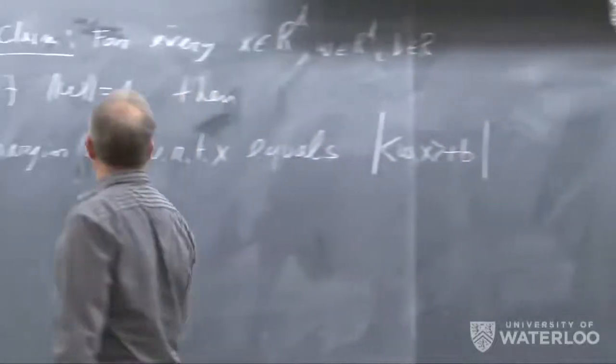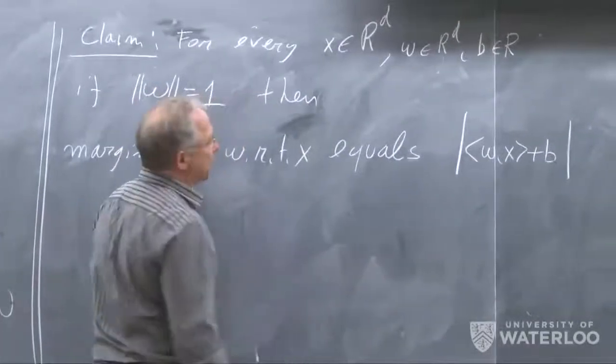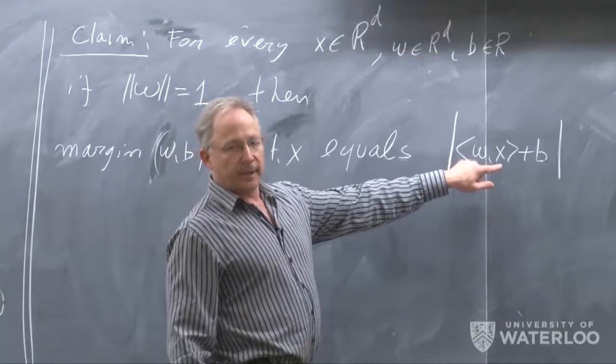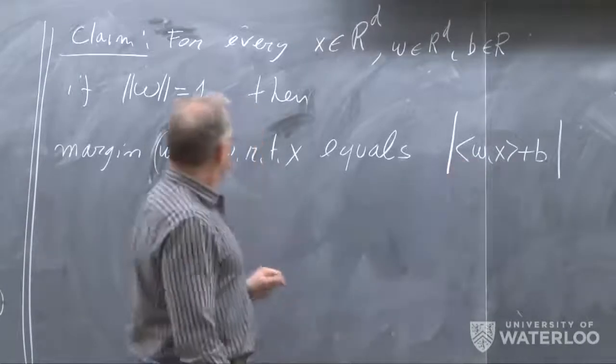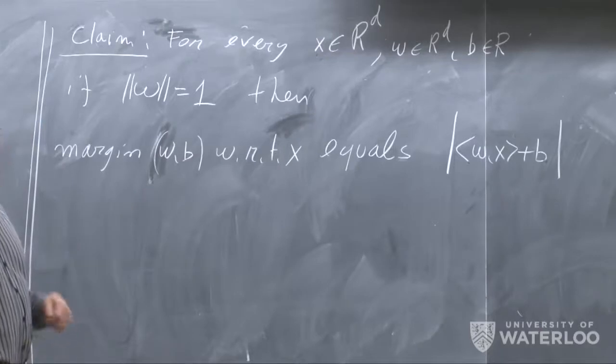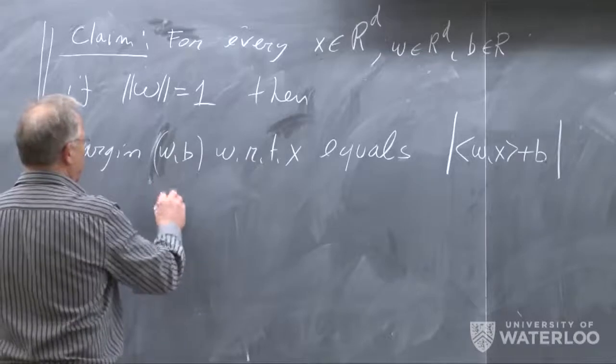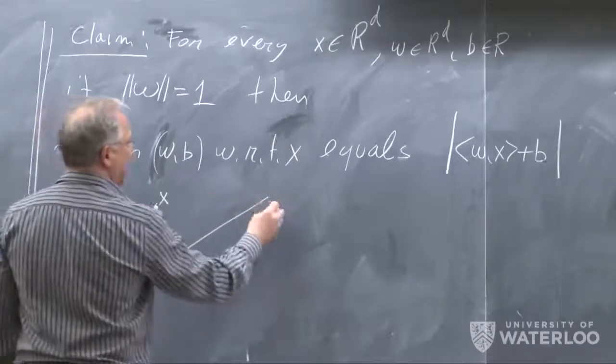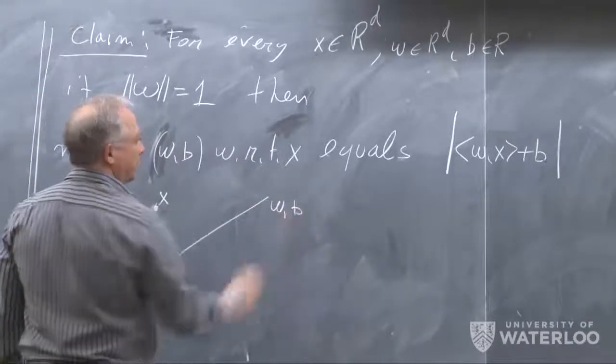So there are two claims here. If I want to tell you that the margin equals exactly this, I have to show you. Remember, the margin was the minimum over all u of the line of x. So here is the point x. Here is the line which is determined by w and b.